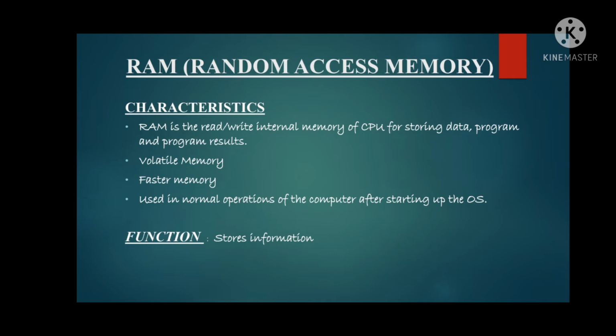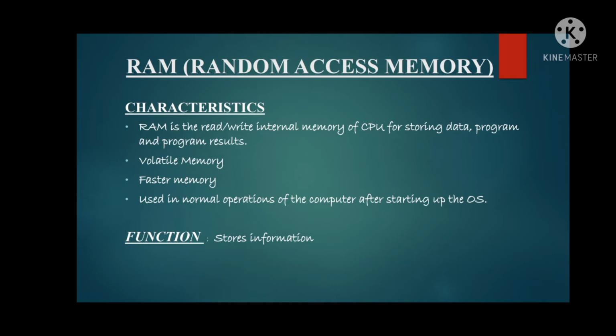Why is it used? For storing data, programs, and the results of programs. That is the function of RAM. It's a form of computer memory that can be read and changed in any order, typically used to store working data.